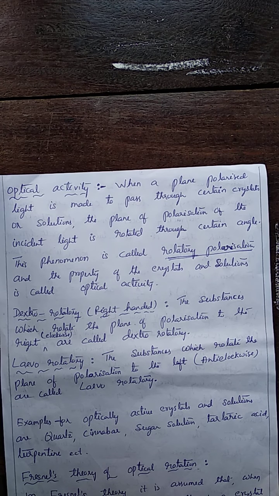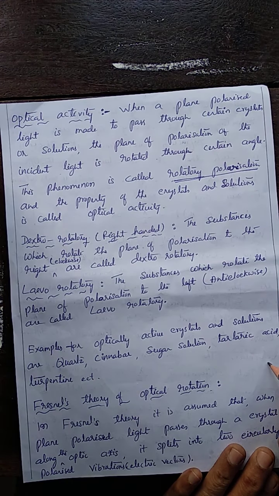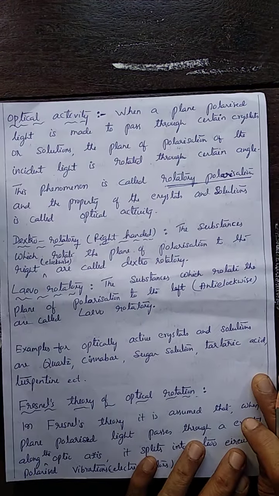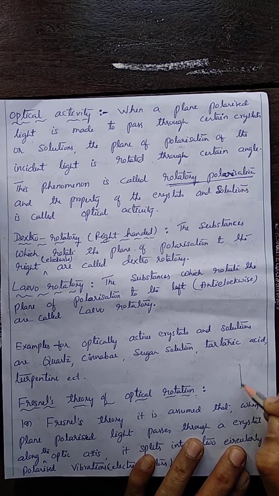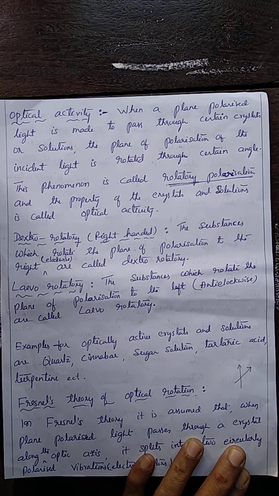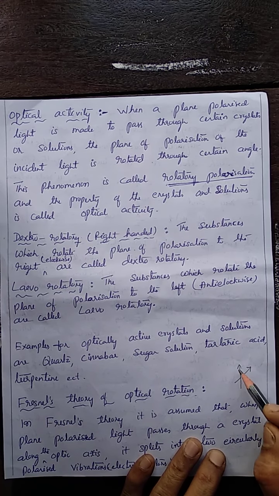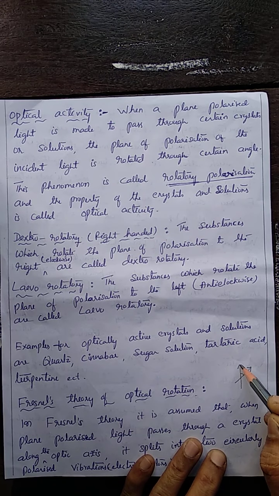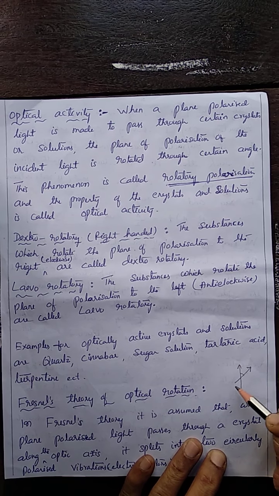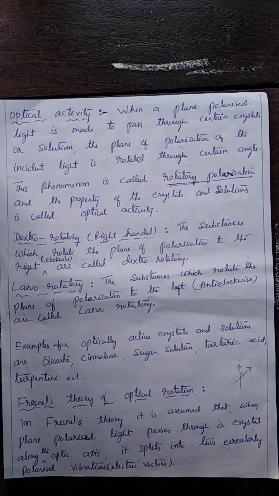Suppose the incident light has the plane of polarization in this direction. When it passes through a crystal, there will be a rotation in the plane of polarization by a certain angle.